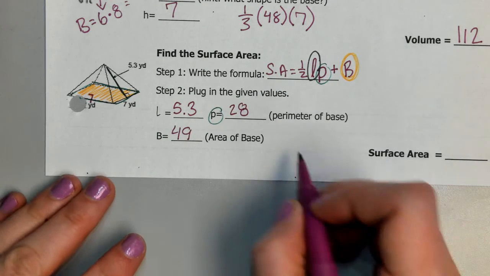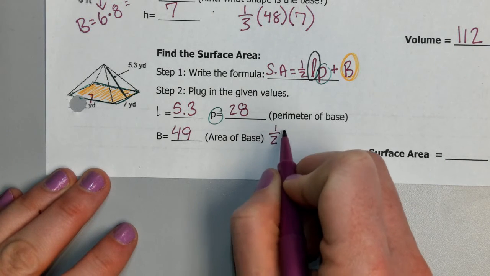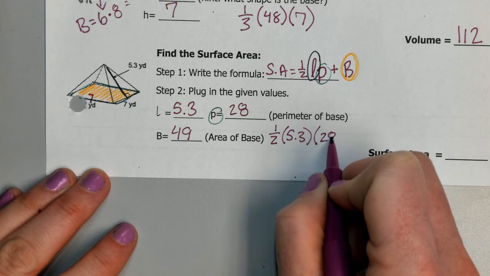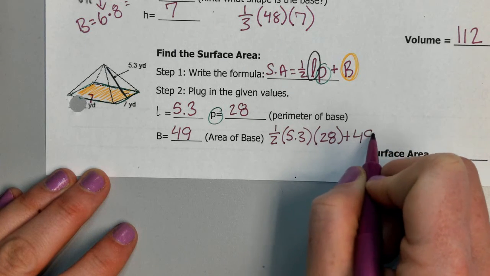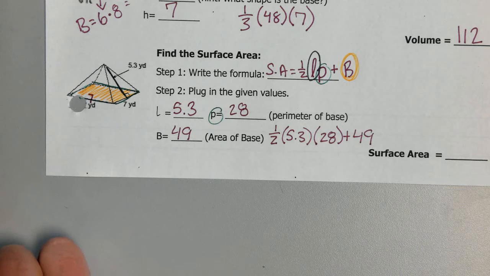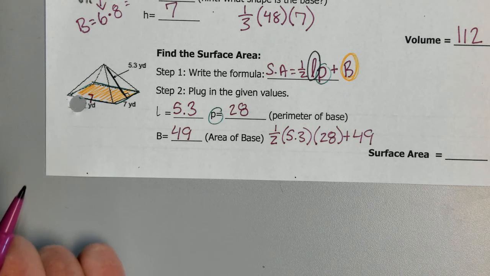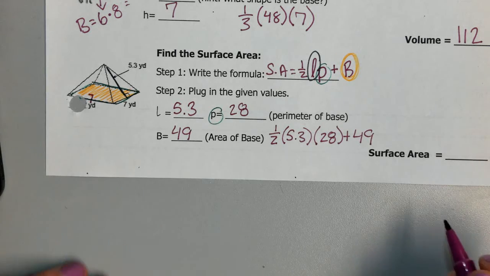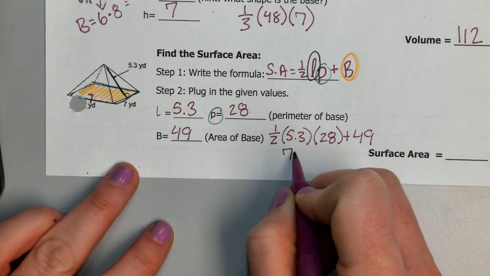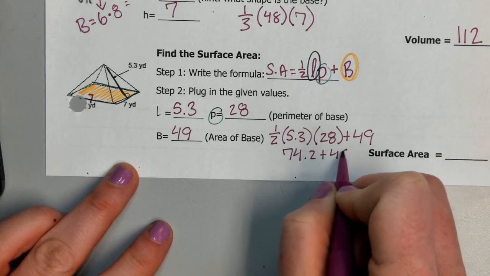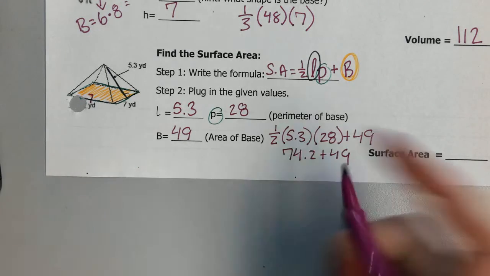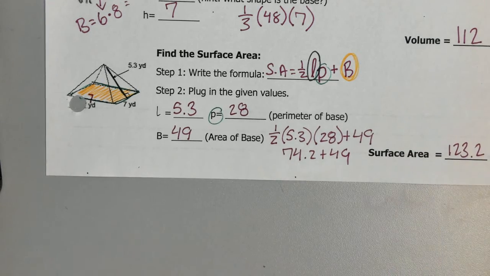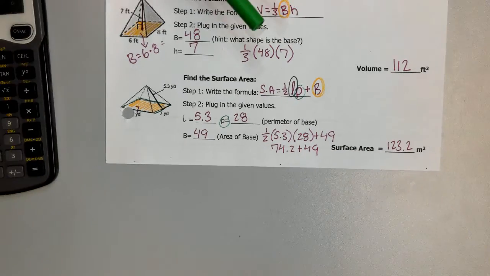Once we have our numbers, plug them in. 1/2 times the slant height times the perimeter of the base plus the area of the base. All right, you should get 123.2.